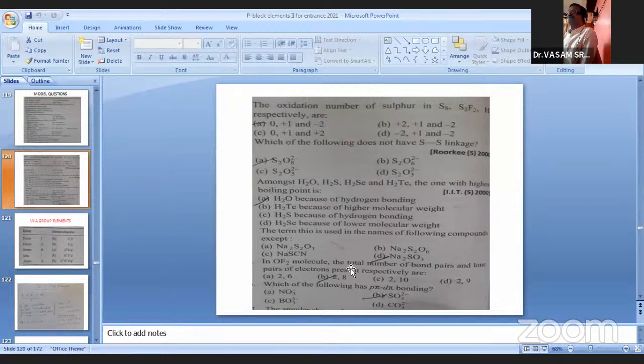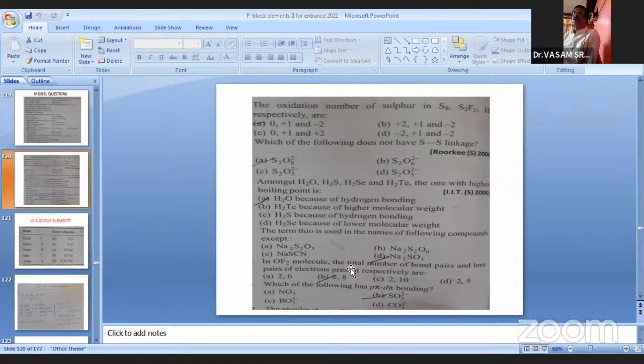In S2F2, fluorine is the most electronegative element in the entire periodic table, so fluorine exhibits -1. Two fluorines give -2, so the sulfurs must total +2, and each sulfur is +1. So A is the right answer. In H2S, the sulfur is -2. So option A, 0, +1 and -2, is the correct option.